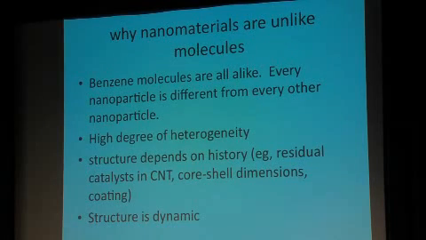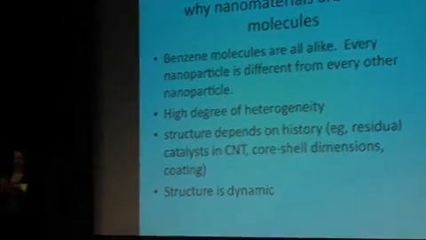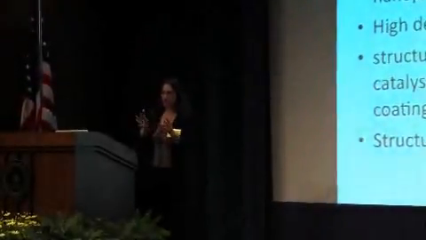And then the last point is that the structure of nanomaterials is dynamic, particularly when they are interacting with a biological system. When you put a nanomaterial into a living system, instantly proteins start to interact with its surface, and there's also reactivity going on. Things can be dissolving, things can be adsorbing on the exterior of the particle, you can sometimes have photochemistry, and so many things can be happening.